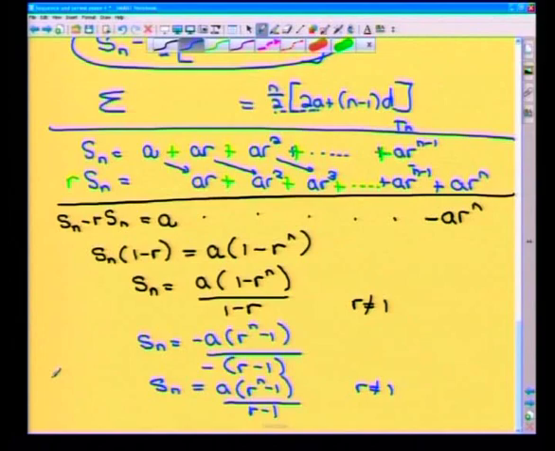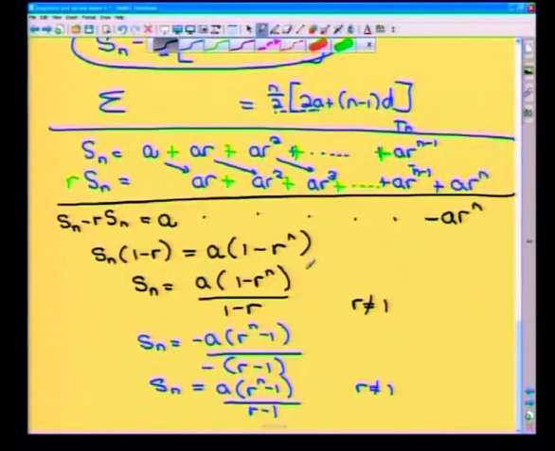But sometimes it's actually expedient to have the one over the other because it avoids you working with lots of negative numbers. So how would we know which to choose? I would choose to use this one, the black one, if R was less than 1. Think about it. If R was 2, I would have a problem. I'd have 1 minus 2, which would give me negative 1, not nice to work with.